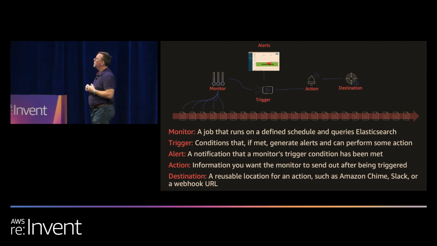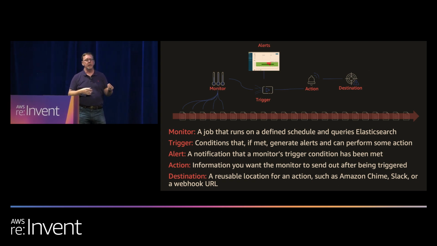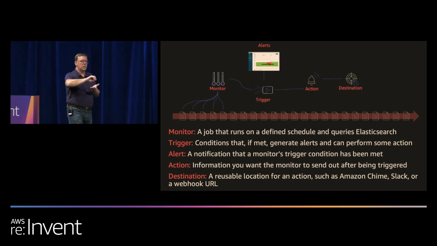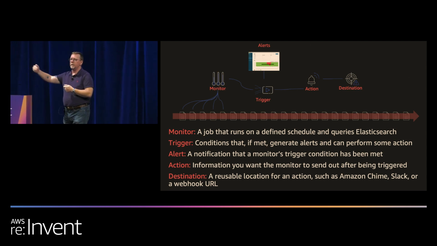Let's start with the monitor. The monitor is essentially a query, an Elasticsearch query that you write that generates a value. Something like the count of 503 errors, or the count of failed logins, et cetera. The monitor is just producing a value at a particular time rate. The trigger then is a threshold for that value.